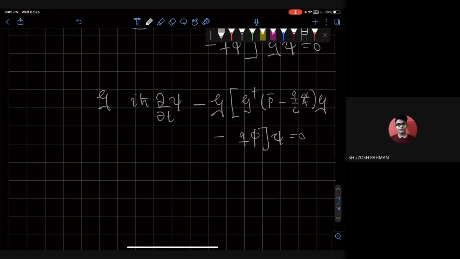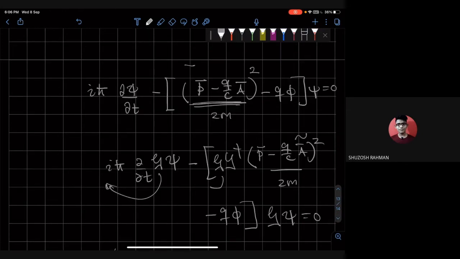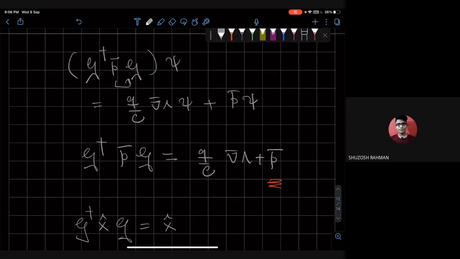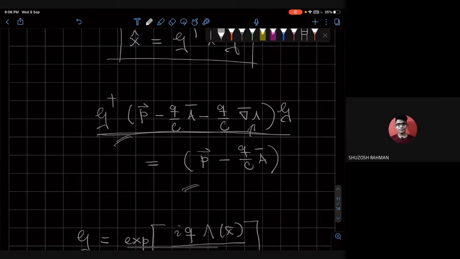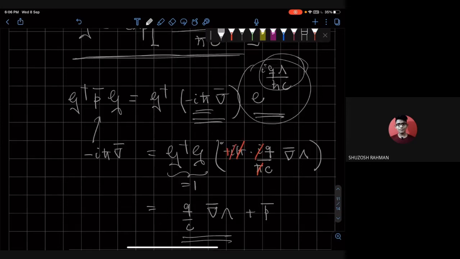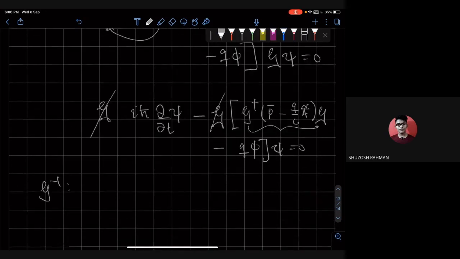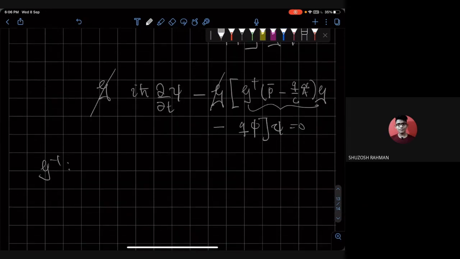Now, if I multiply this equation on the left by G inverse, then that cancels this guy and this guy. And we know that this thing, by construction, changes back to the original gauge choice, and therefore I have i h bar del psi by del t minus P. There should be a square here.